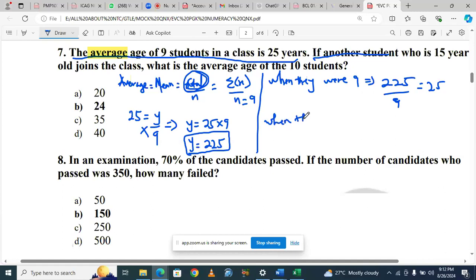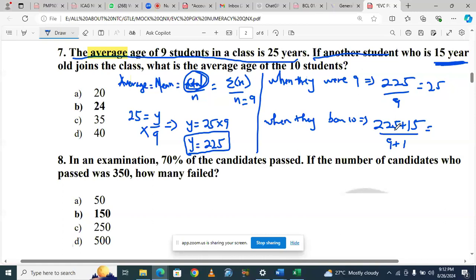Now, when they became 10, the total age was 225 years, and one person of 15 joined.